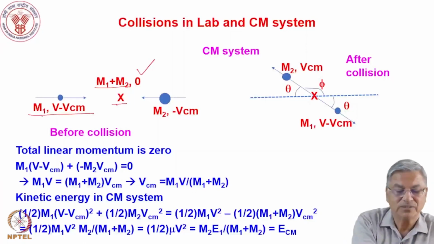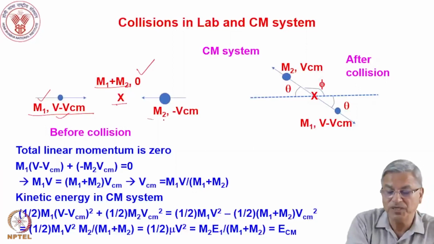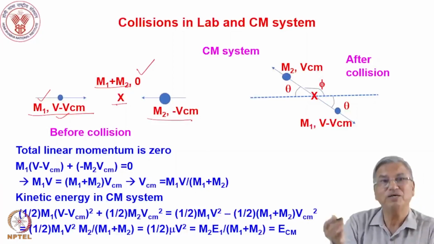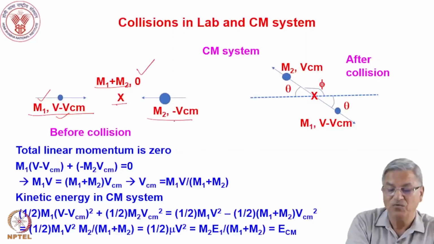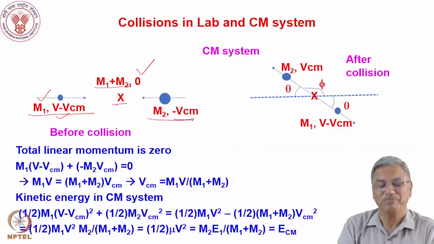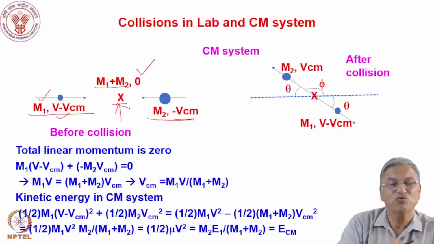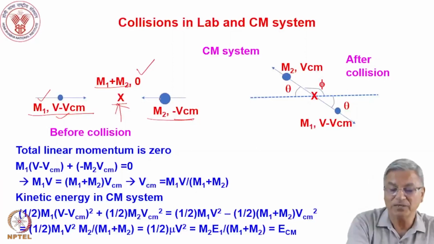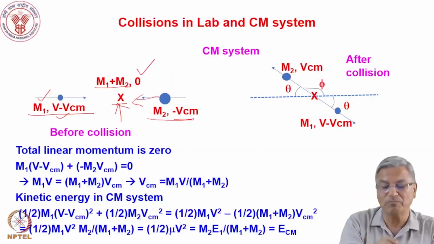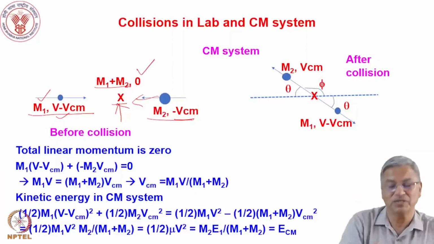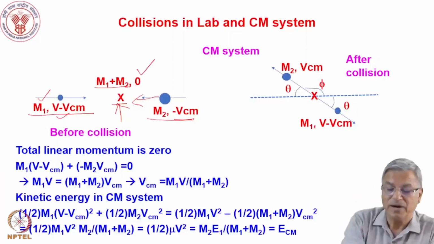The mass of projectile m1 has velocity V minus VCM, and the target is moving towards the center of mass with the velocity minus VCM, because we are considering the center of mass to be stationary. In the frame of reference of the center of mass, the target is moving towards the center of mass with velocity minus VCM.